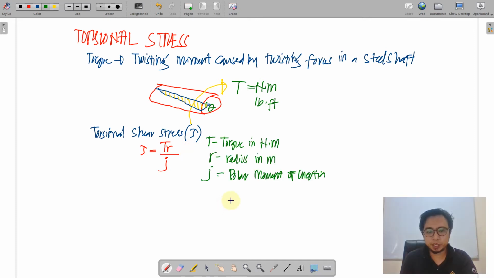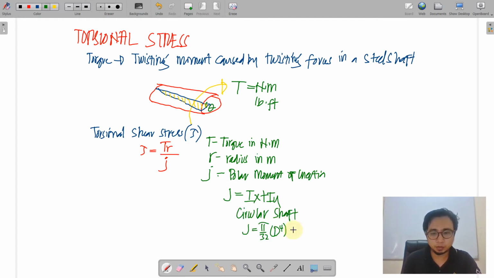So J is actually the sum of the moment of inertia along X and along Y. And our focus is on circular shafts, where J is pi over 32 d raised to 4 for a solid shaft, and pi all over 32 times d raised to 4 minus the inside diameter raised to 4 for a hollow shaft.